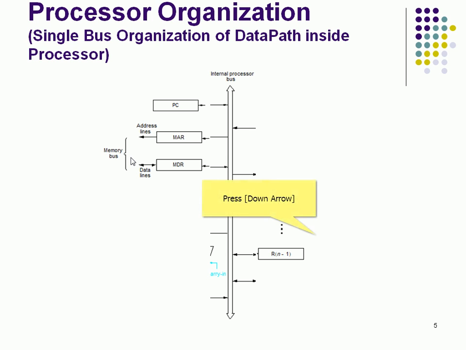Similarly, there is another bunch of registers used for temporary operations, or we can store some intermediate results. These are R0, R1, R2, up to Rn minus 1. These are general purpose registers.